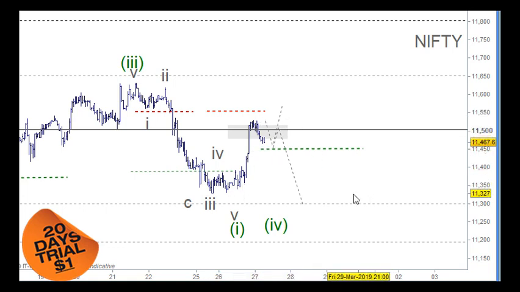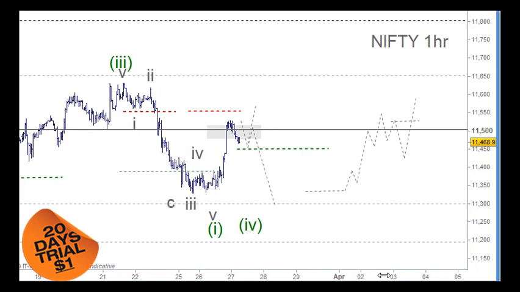So if I can just draw that over here, 1 and 2 and 3 and 4 and 5 here, and then we would get an A and a B and a C wave here, and then we can look to go into it on this high over here, using this medium level here, 11,500.